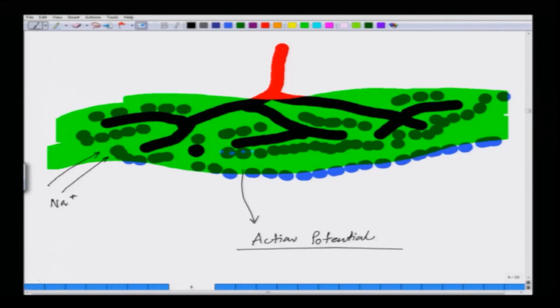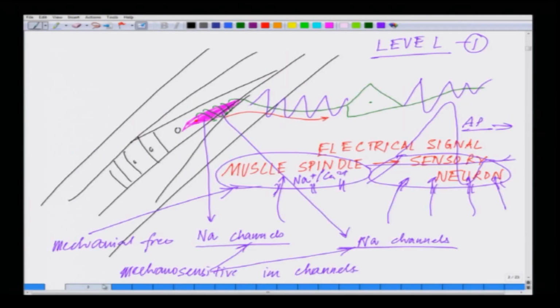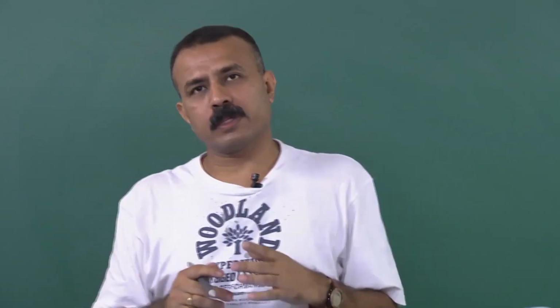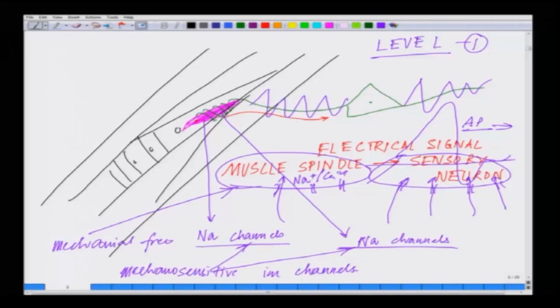Let us go back to the first slide where we started. Okay. So, this is how the circuit looks. From the muscle spindle, because of the presence of mechanosensitive ion channels, the muscle spindle stretches, and this mechanical signal is translated into an electrical signal.